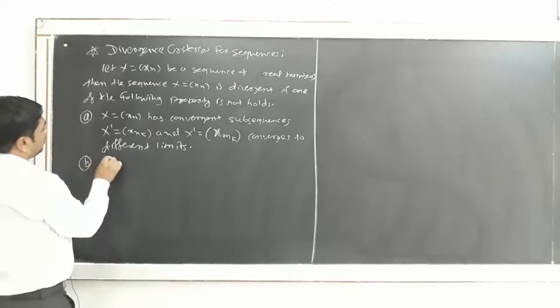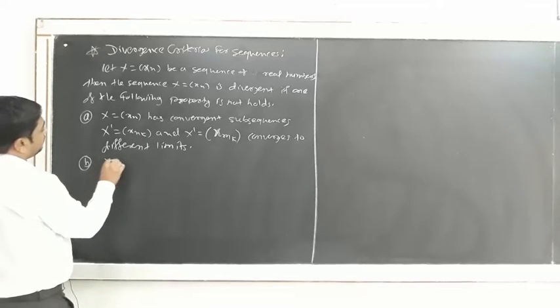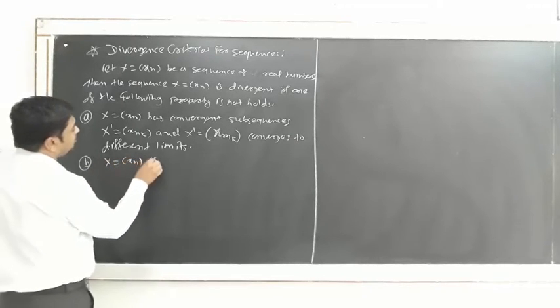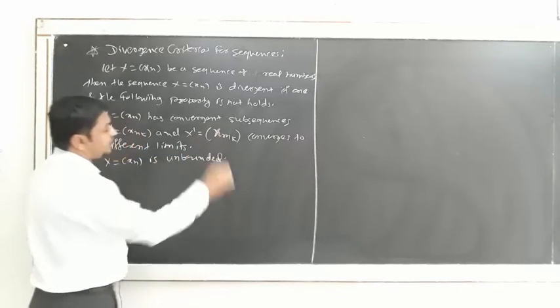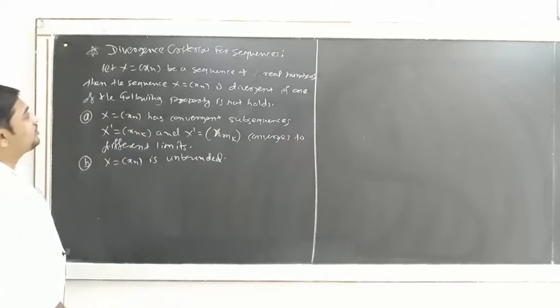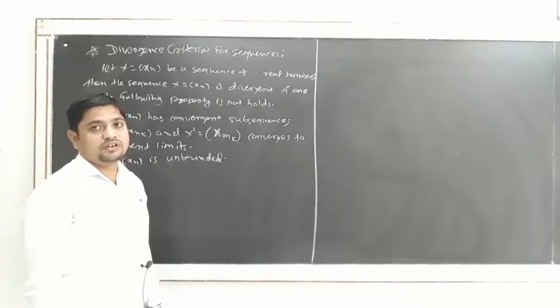Or X = (xn) is unbounded. If it is unbounded, then we say that the sequence is not convergent, that is, divergent.